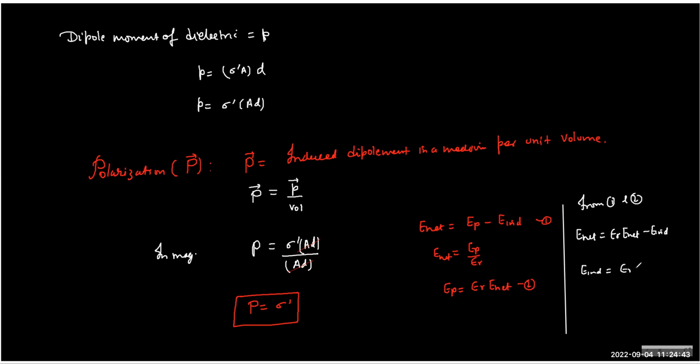Can we write this as (epsilon r minus 1) into E net? Yes. And E induced is how much? We know this is sigma dash by epsilon naught.